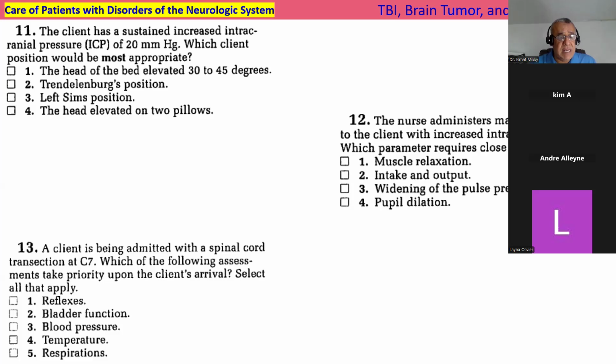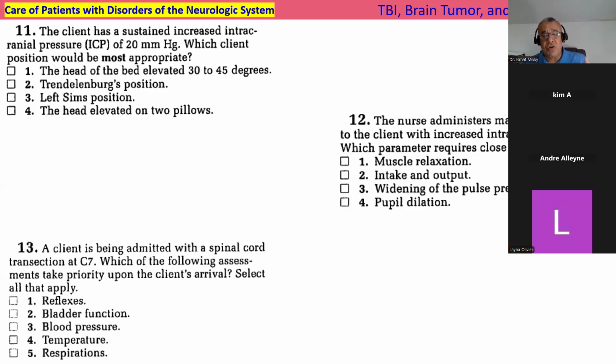So the assessment takes priority upon the patient's arrival. 3, 4, and 5. You should assess the client for spinal shock, which is the immediate response to spinal cord transection. Hypotension occurs and the body loses core temperature to environmental temperature.